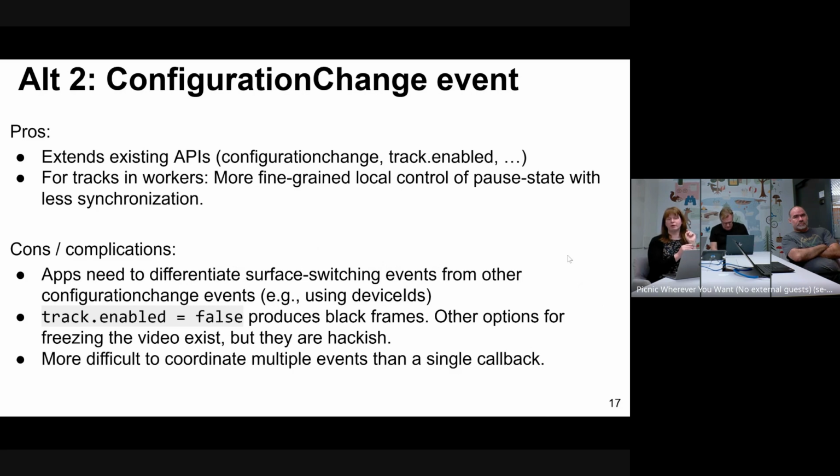There are some more hackish methods to get to this frozen state, but if we want to go this way, we might want to find some better way of pausing the video track or the media tracks. I would say this can also be a bit more difficult in an application to coordinate all these multiple events because you don't really know the order of them, but that's maybe both pro and con. Yeah, next slide, please.